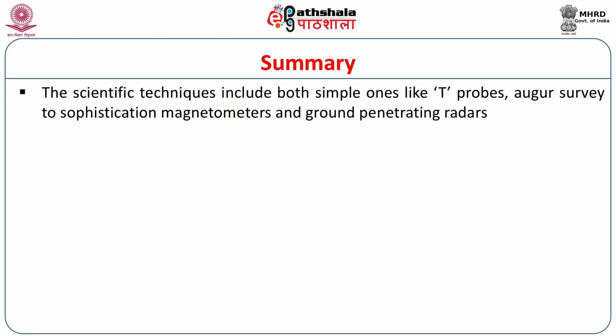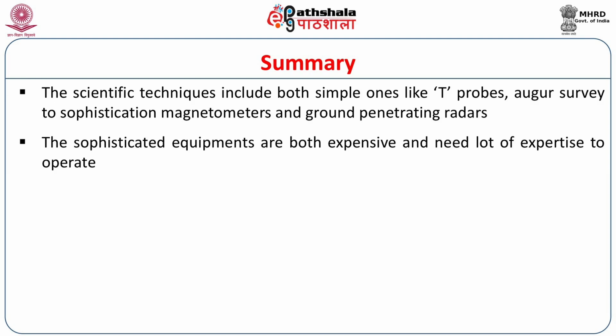So to sum up, there are various kinds of scientific tools, from the very simplistic T probes and auger surveys to the sophisticated magnetometer survey or the geophysical surveys like ground penetrating radar. Some of these equipments are very simple to use, but some are very costly and require dedicated manpower.